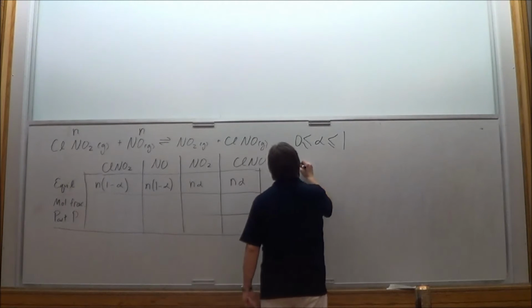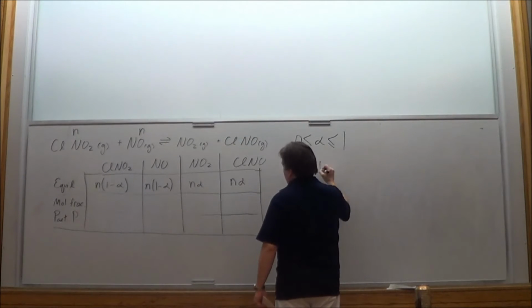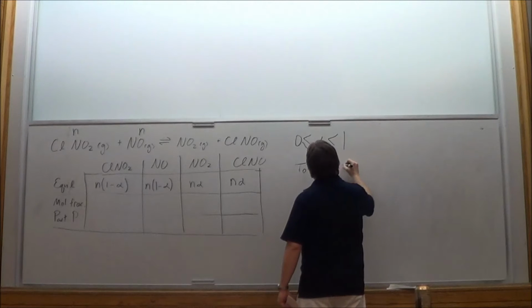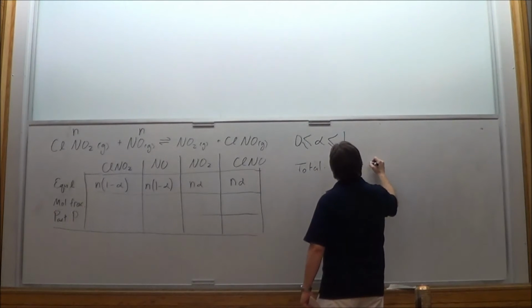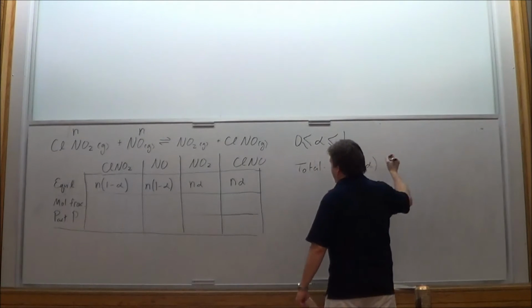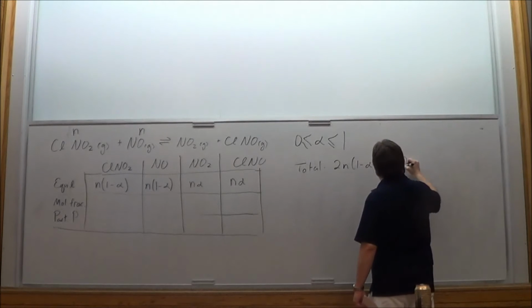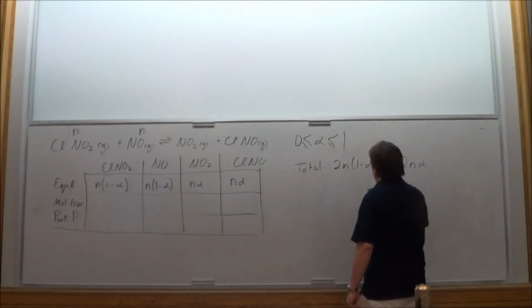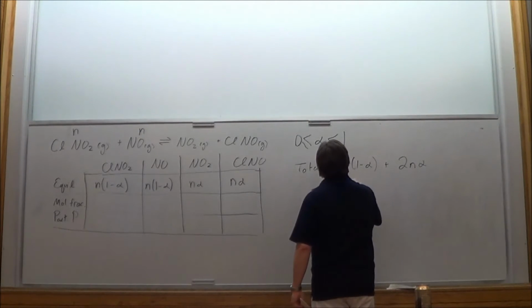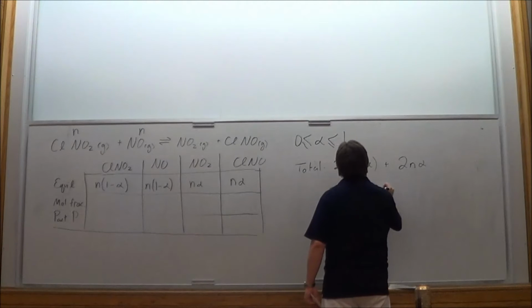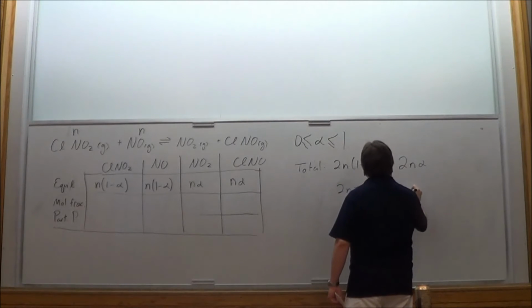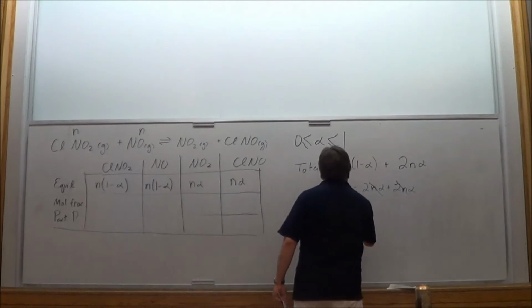Okay, mole fractions. The next thing you do is you total them. Okay, 2n, 1 minus alpha. I just added the first two terms. Add the next two terms, 2n alpha. So this is 2n minus 2n alpha plus 2n alpha, 2n.